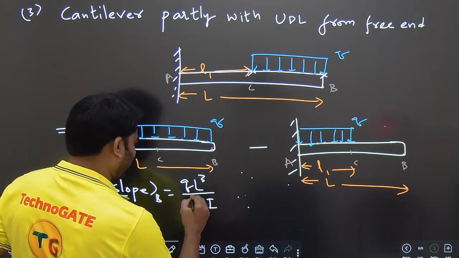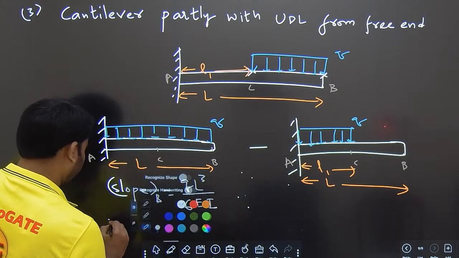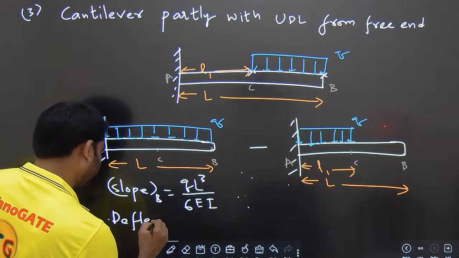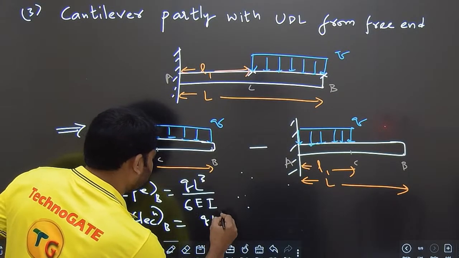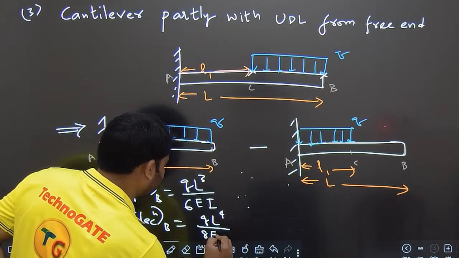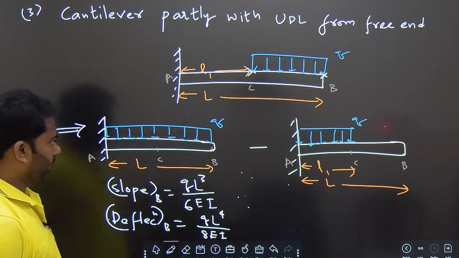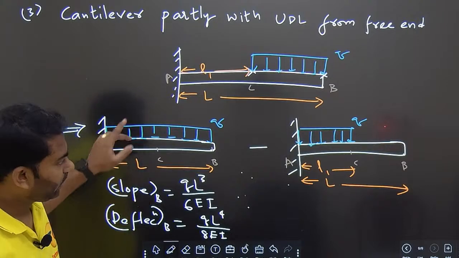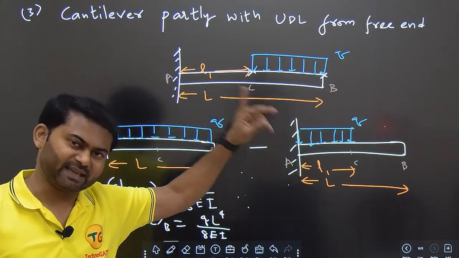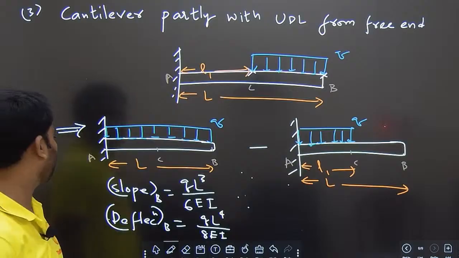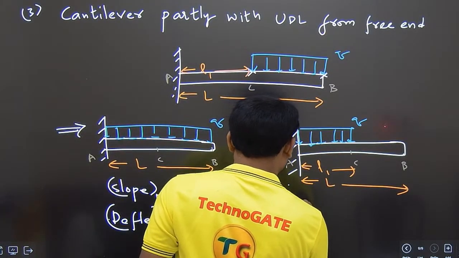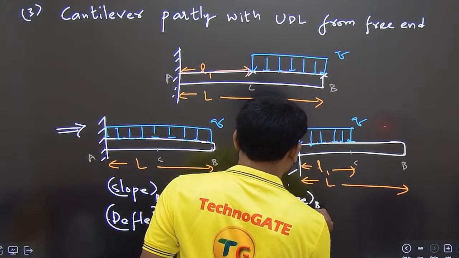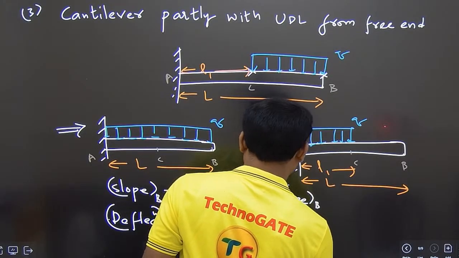And if you take deflection at B, this is Q L power of 4 by 8 EI. This is very simple, because this is the second case, the previous case, which we have solved already. So let me just copy the slope at B and deflection at B from there.